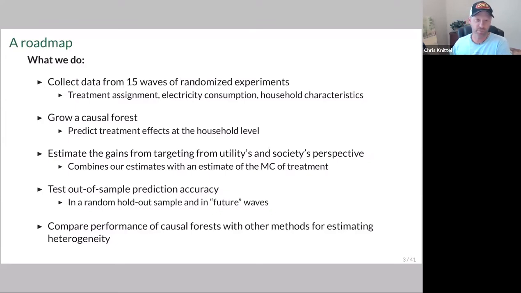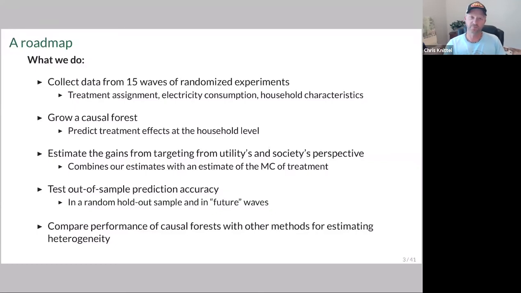A separate but related exercise is then to test the out of sample prediction accuracy of the forests in a holdout sample. So think of it as I have this wave with 300,000 customers. I could test how well the forest does by first growing the forest on 200,000 and then testing how well it does in the set aside sample of 100,000.